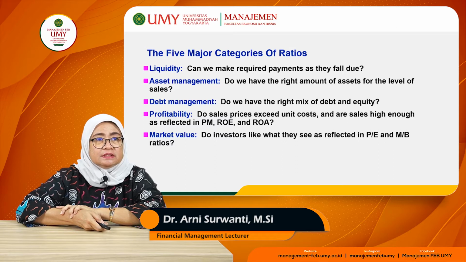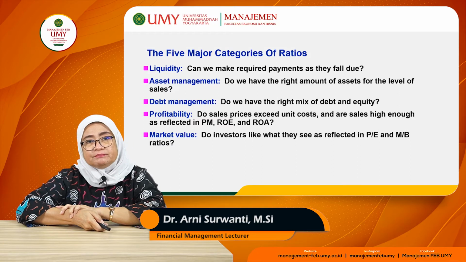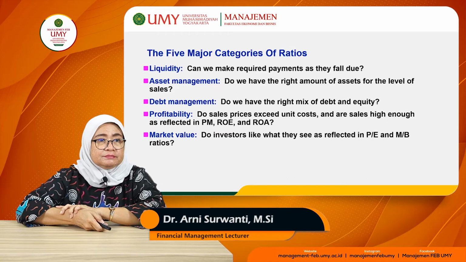Asset management tells whether the company has the right amount of assets for its level of sales. The third one, debt management, asks whether we have the right mix of debt and equity. Then profitability.